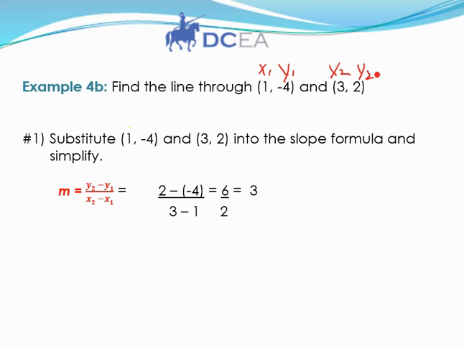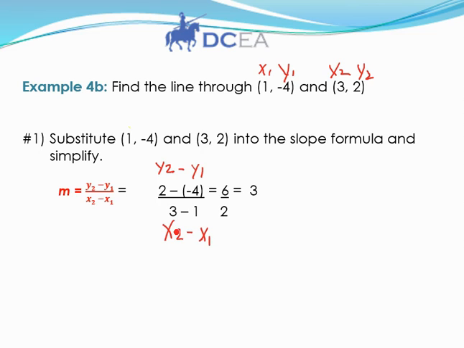So here we have our slope formula, and we need to substitute y2 minus y1. So y2 was the coordinate 2, y1 was the coordinate -4. And below, we need to substitute x2 minus x1.